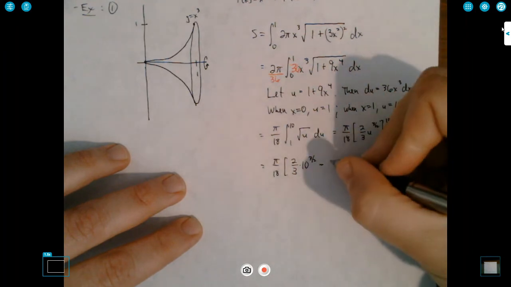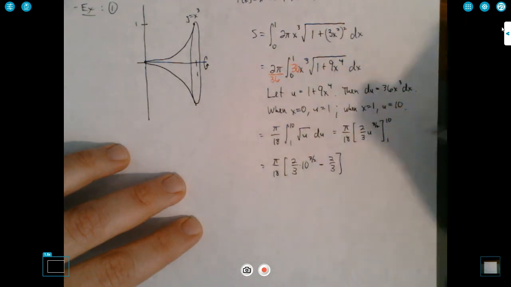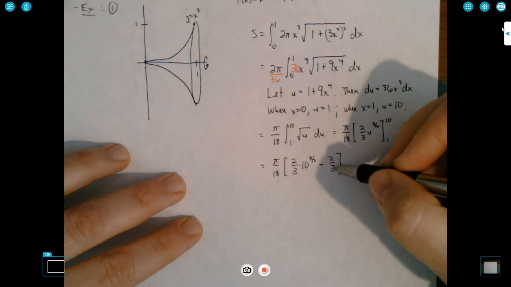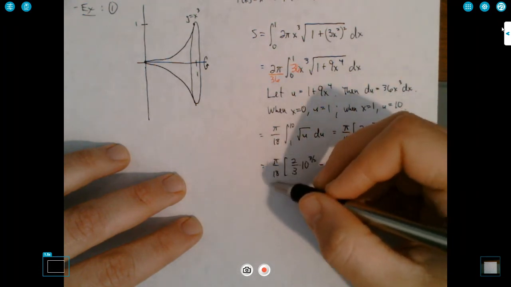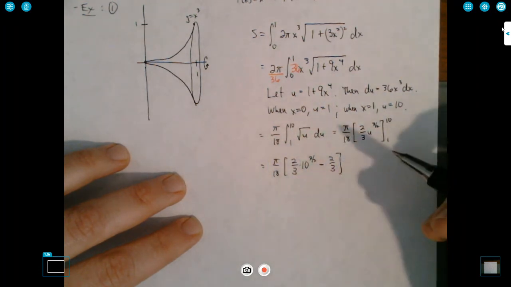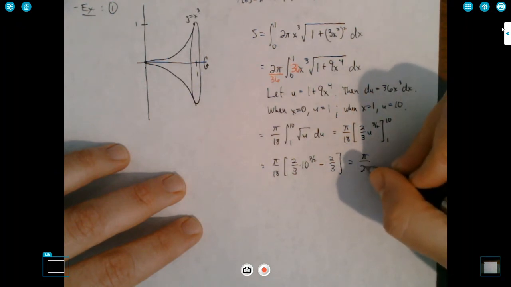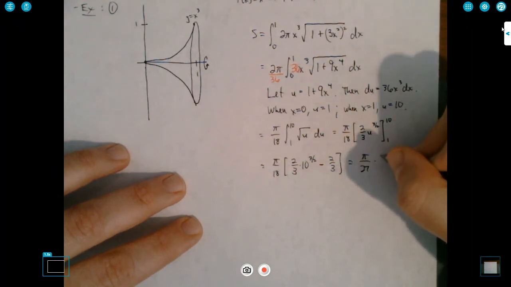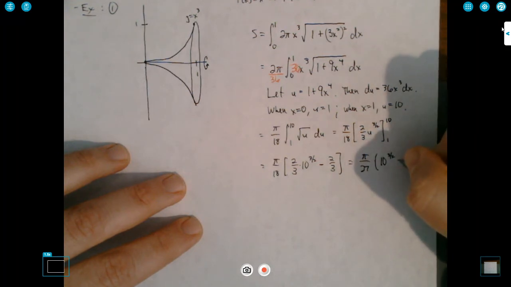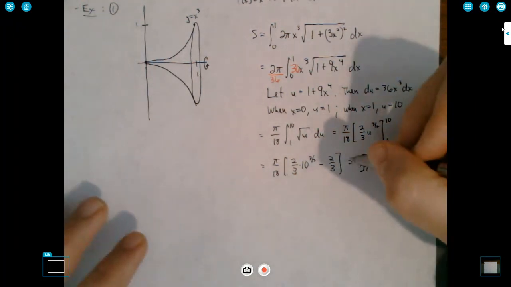That's just going to give me 2/3. I suppose I could factor out the 2/3, right? Cancel the 2, that leaves a 9, and then 9 times 3 is 27. So I guess you could get pi over 27 times 10 to the 3/2 minus 1.